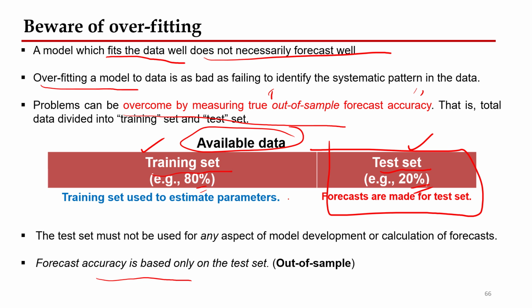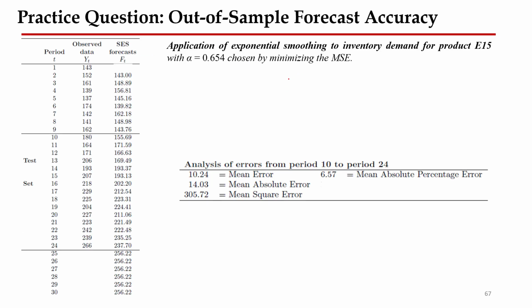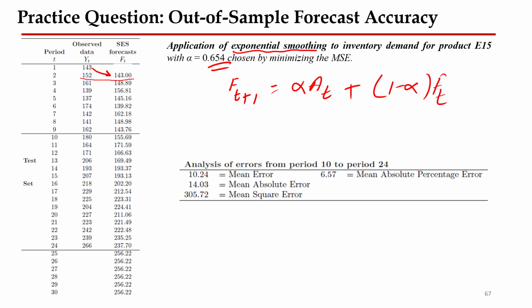Let me give you an example. We have already discussed simple exponential smoothing in our previous lectures. The formula is F(t+1) = alpha A(t) + (1 - alpha) F(t), where we are using the alpha value. For the first value we use the naive method, and then using these two values we can predict the third time period.